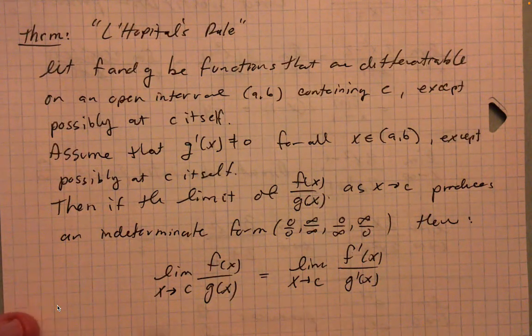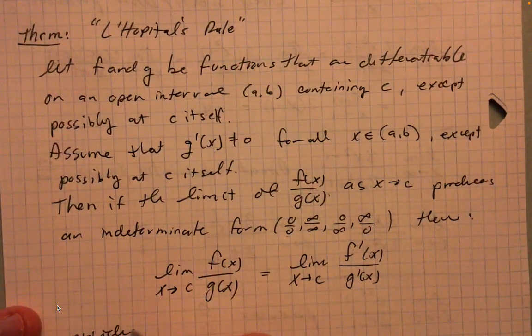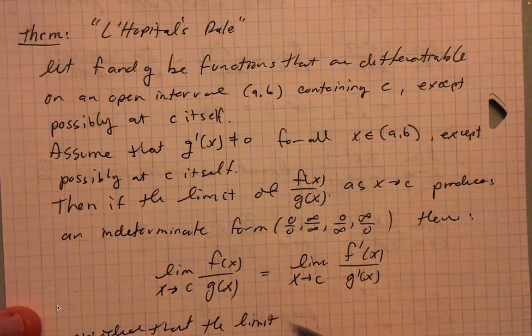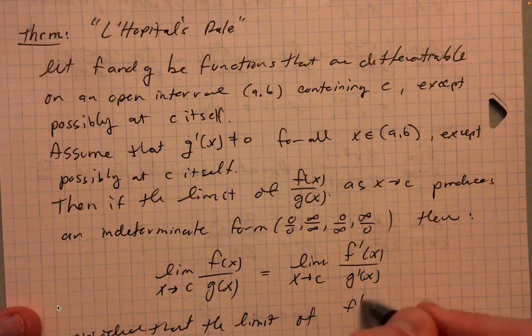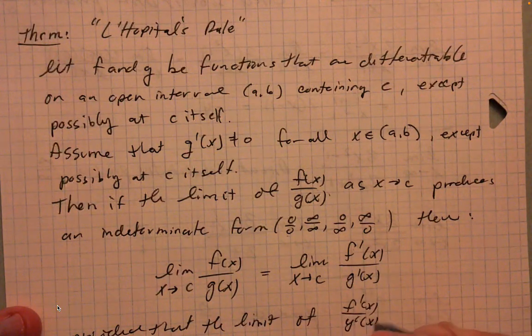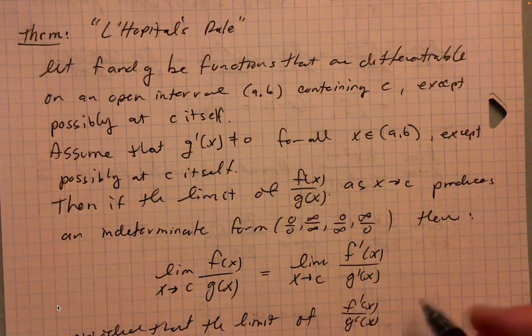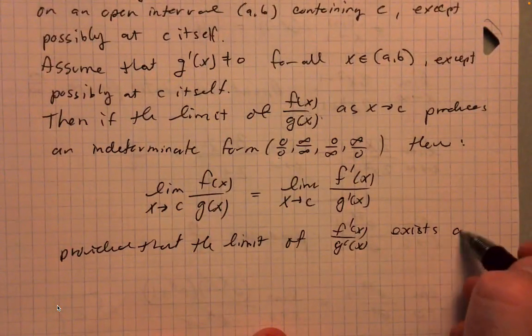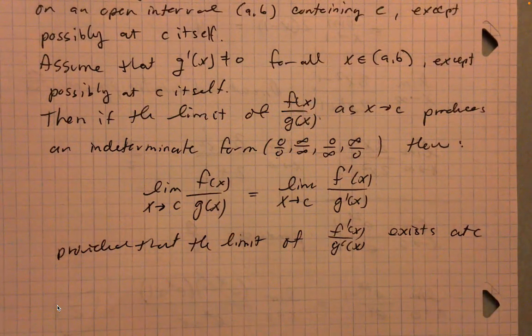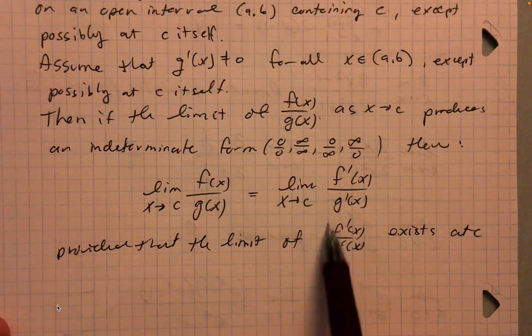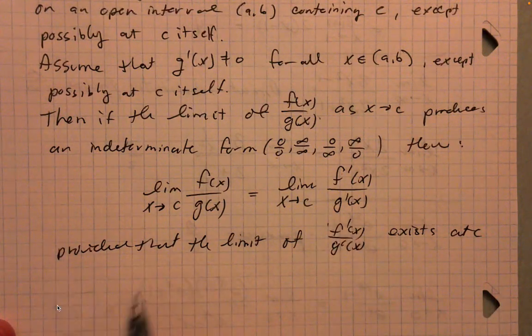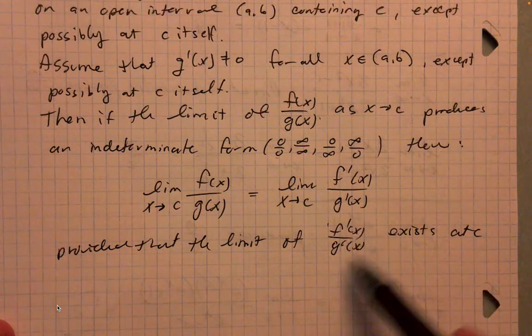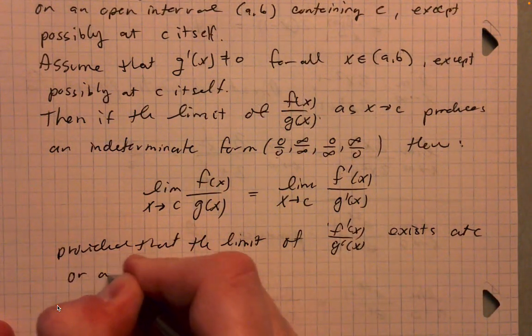All right, now what we should say is provided that the limit of f prime of x over g prime of x exists at C, or it is fine to say that it's infinite, right? So if this limit is infinite, that's fine too. So provided that the limit of the ratio of the derivatives exists at C or is infinite.